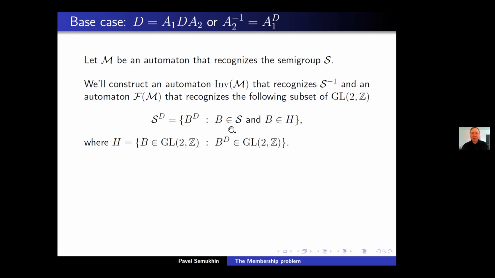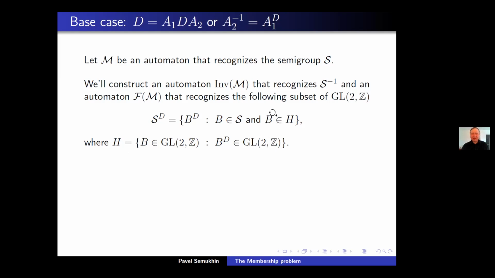The problem here, however, is that these matrices B conjugated with D might have fractional coefficients, right? And we want to work only inside the group GL2Z. So instead of taking all matrices B from S and conjugating with D, we also add this additional constraint that B should belong to the group H, where I remind you that by definition, H consists of the matrices from GL2Z for which this conjugate has integer coefficients.